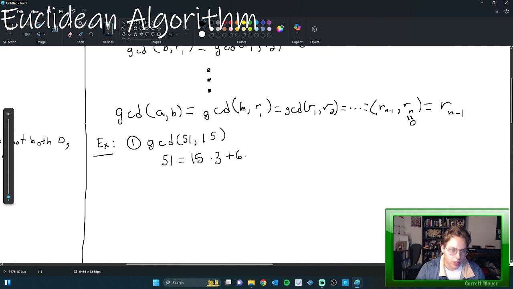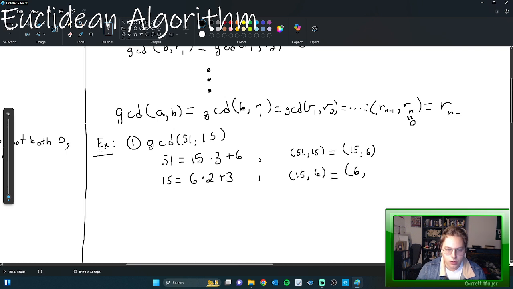So it's 45 plus 6. Which means that the GCD of 51 and 15 equals the GCD of 15 and 6. So then what we can do is break up 15 and 6. So 15 equals 6 times 2 plus 3, which means that the GCD of 6 and 3.